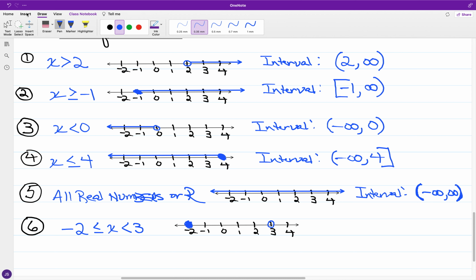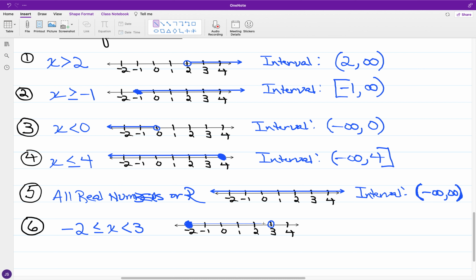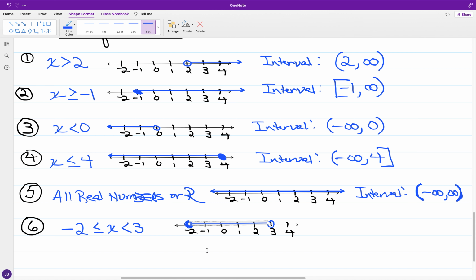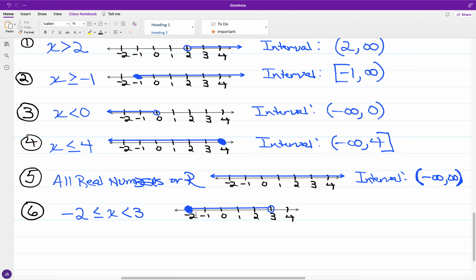And so for the graph here, instead of a ray or a line that runs continuously, we're going to have what's referred to as a line segment. That's going to connect the solid point on negative 2 and the open circle that resides on 3. So you don't have any continuity throughout left or right.